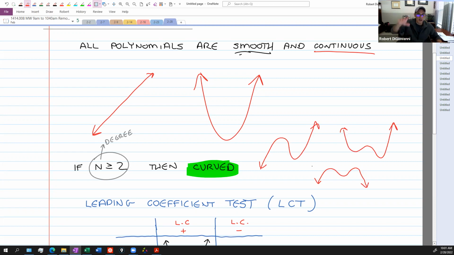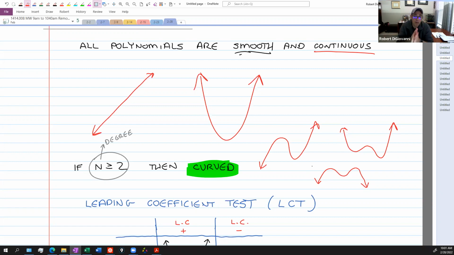Kind of like the stock market, but smooth, right? Just up and down, these ripple effects. That's what polynomials look like. The higher the degree, the more ripples you have, generally speaking.